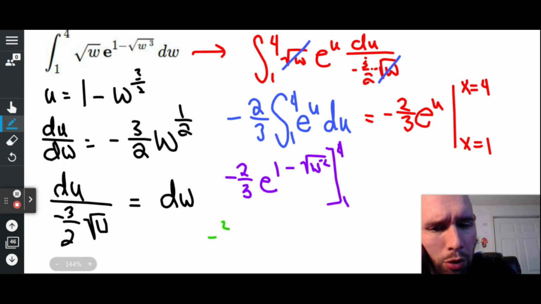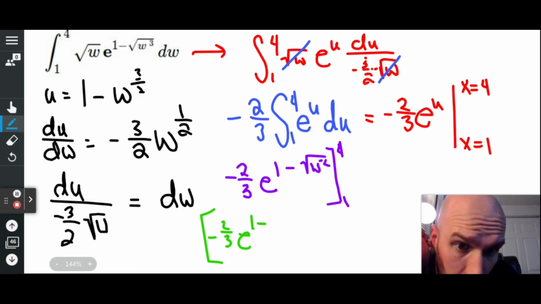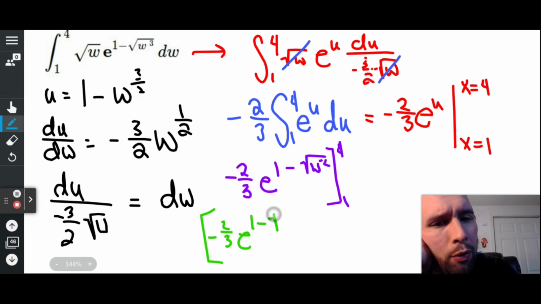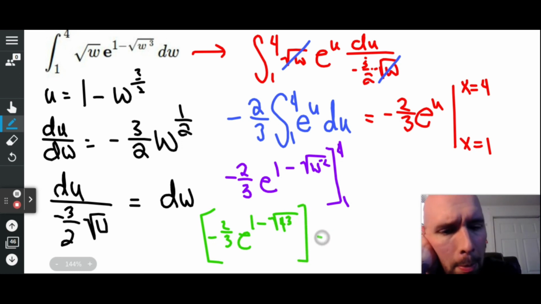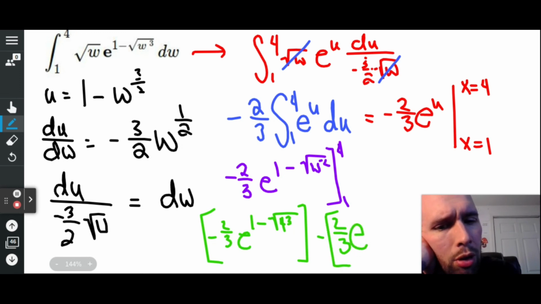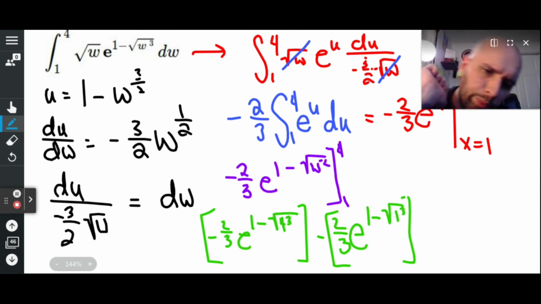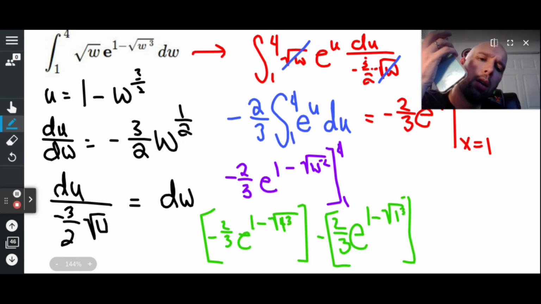So I have negative 2/3 e to the 1 minus the square root of 4 cubed, minus negative 2/3 e to the 1 minus square root of 1 cubed. Square root of 4 cubed is 8.